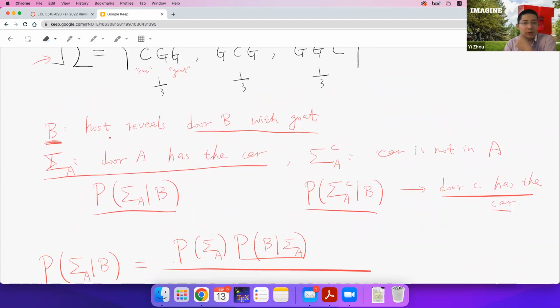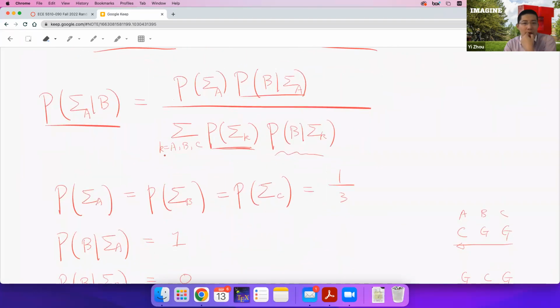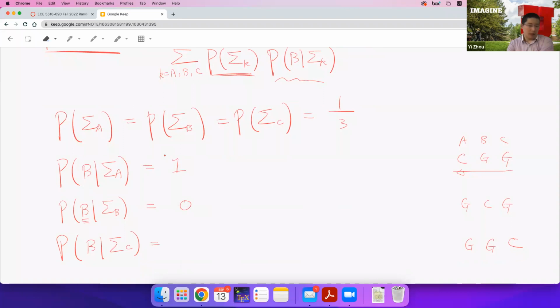B is the host reveals door B with a goat. So we pick A. Now we're looking at this conditional probability.